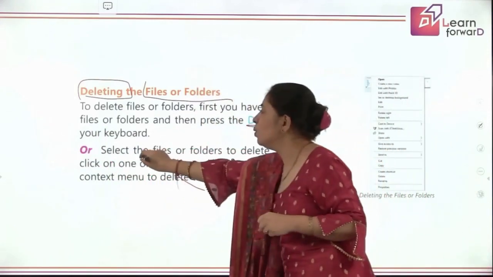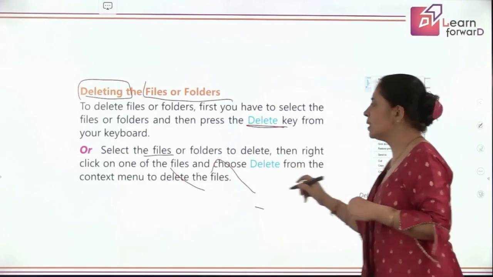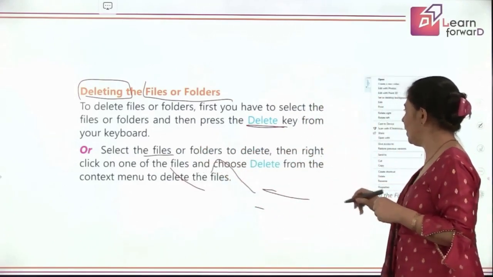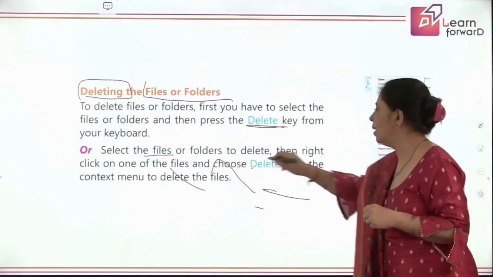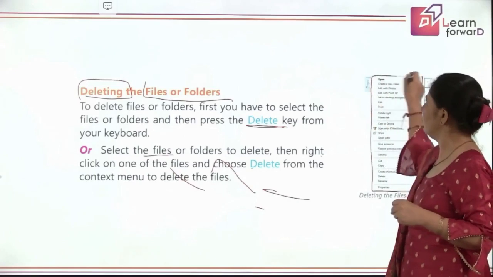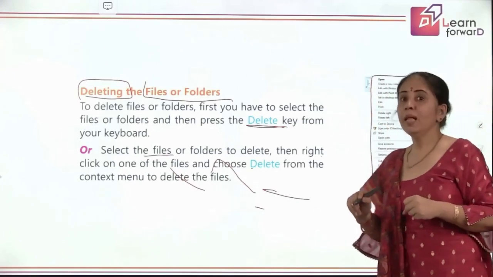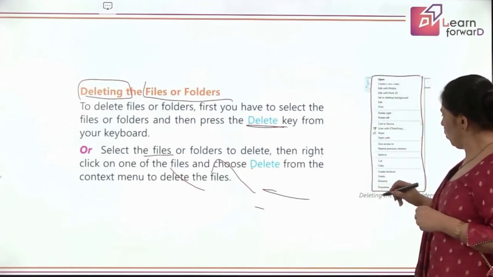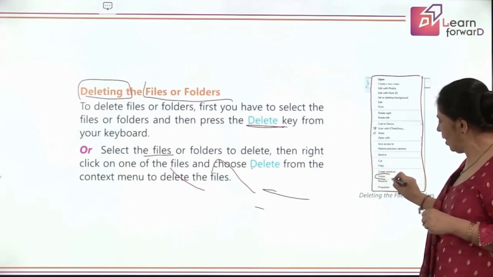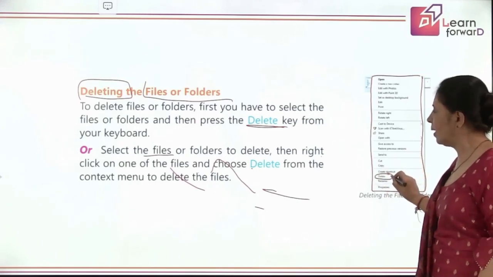So another way to do it is just select the file or the folder which you want to delete and then click the right button. So you will get this drop down window. In this drop down window, you could see there are options, and from the bottom we could see the third button, that is the delete button.